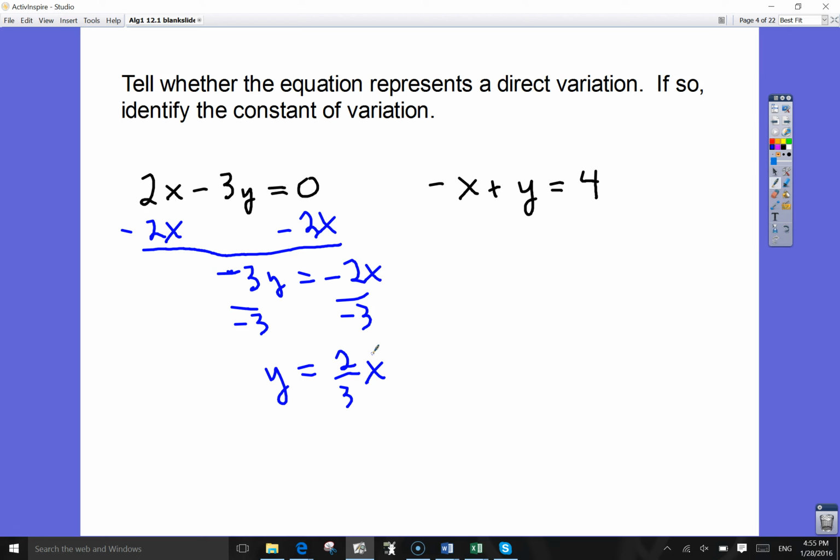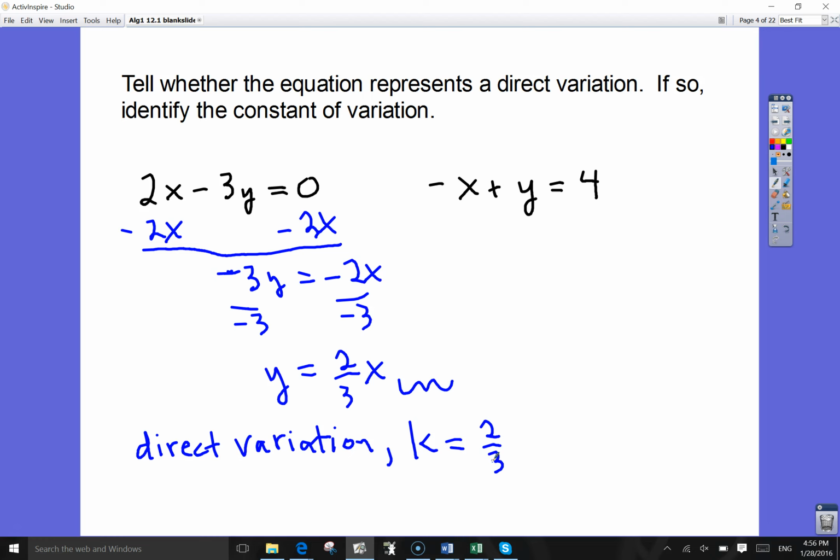Negative signs cancel. So this is a direct variation because there is no term following the x term. That means b equals 0. This is a direct variation, and we can say now that k, the coefficient of x, is 2/3.